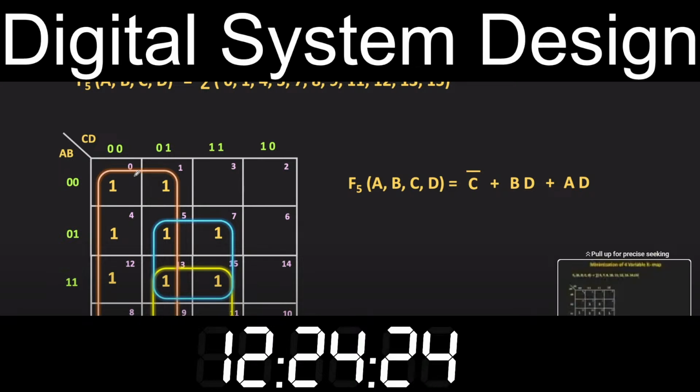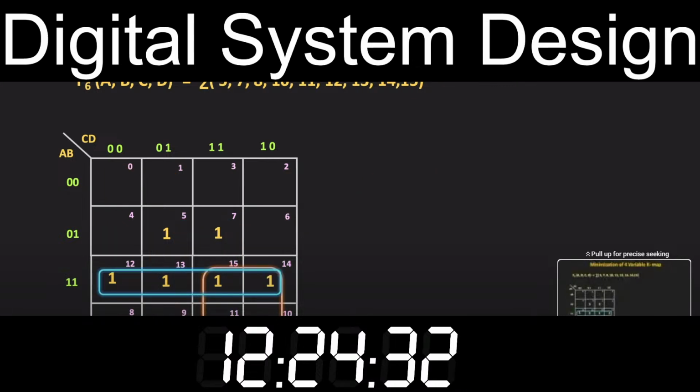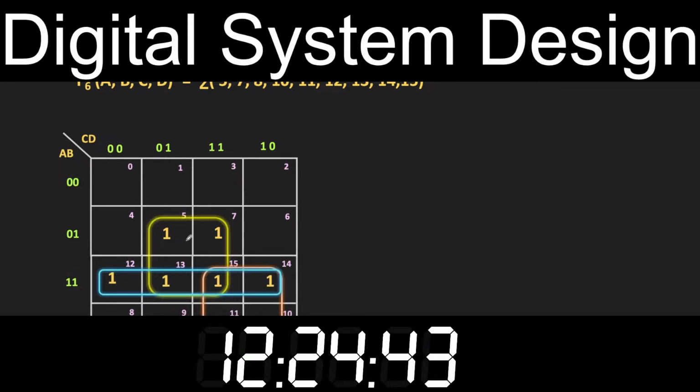So first can be covered by making the group of 4 ones. Similarly, the two ones in the second row can also be covered by making the group of 4 ones. Since the first and the last columns are adjacent to each other, we can make the group of 4 ones.